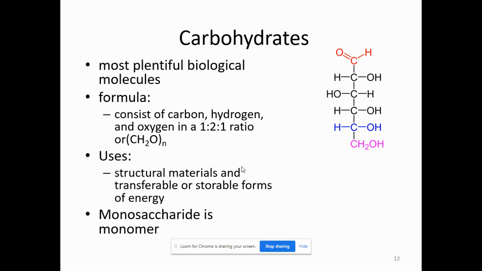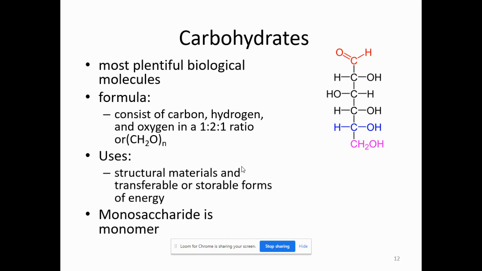So let's get into the four groups and talk about the characteristics of those four groups. First one we'll talk about are the carbohydrates, and these are the most plentiful biological molecules. They have a basic overall formula, consisting of carbon, hydrogen, and oxygen in a 1-to-1 ratio, meaning that if you have 6 carbons, you'll have 6 oxygen, and you'll have 12 hydrogen.